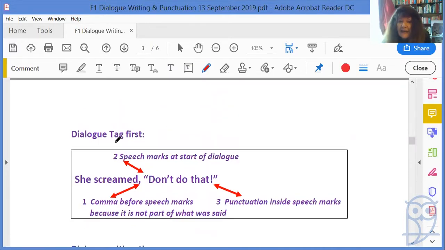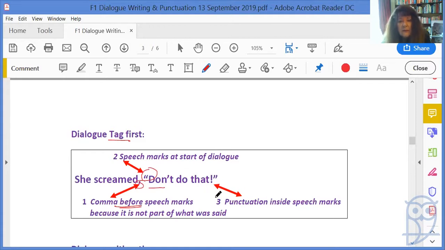Right, a few more to go through. Maybe the dialogue tag comes first, which is what most people tend to do, but it gets a bit boring, doesn't it? She screamed, and the comma comes before the speech marks, because this is part of the sentence. Then you start your speech marks, capital letter, "Don't do that!"